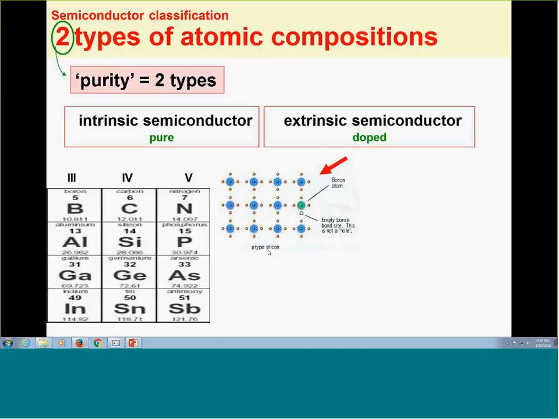So it has to do with the chemical bonding. For silicon, we know that the valence electron is 4, isn't it? So in order to have extra electrons, what should you add? What element should you add into your silicon?